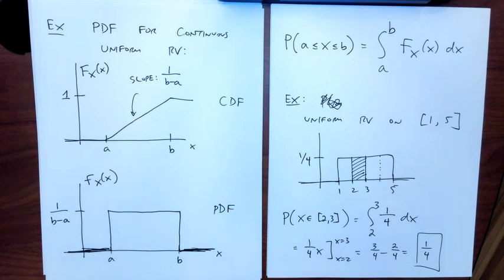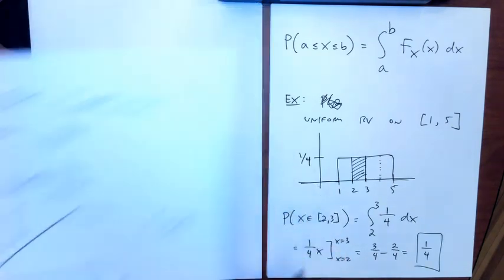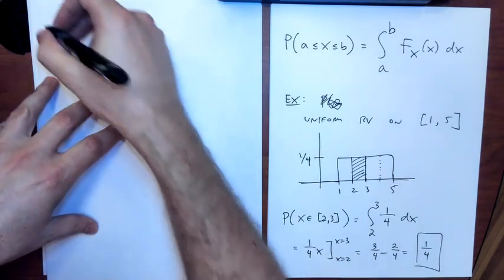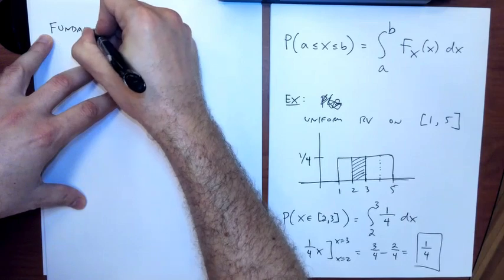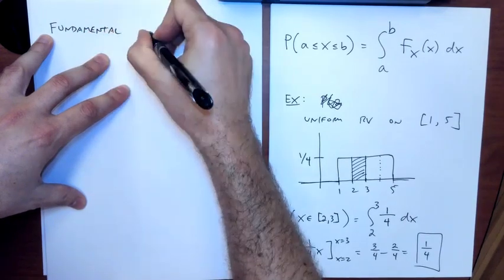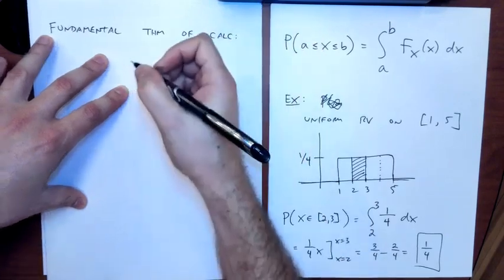And really, this is not any different than what I told you last time, right? Because by one of the first things that you learn in calculus, if you can remember back in those days, the fundamental theorem of calculus, is this.